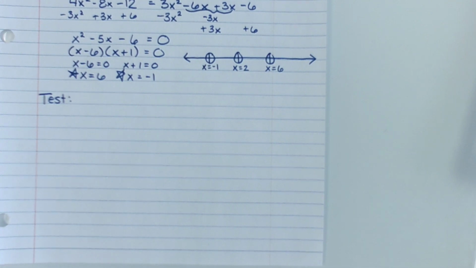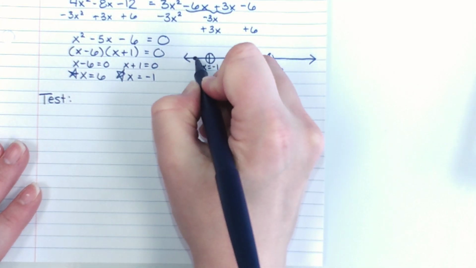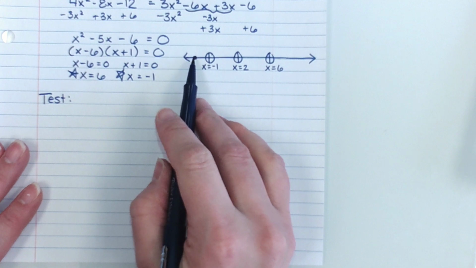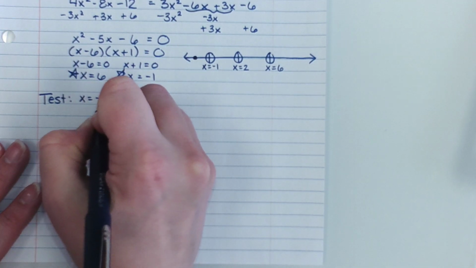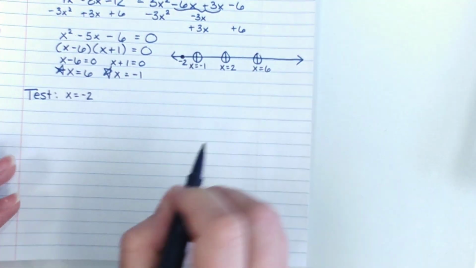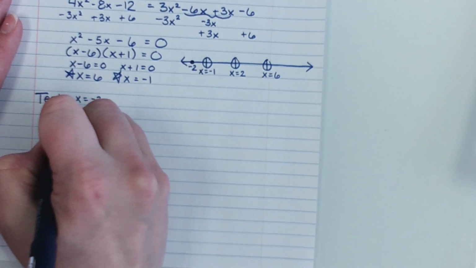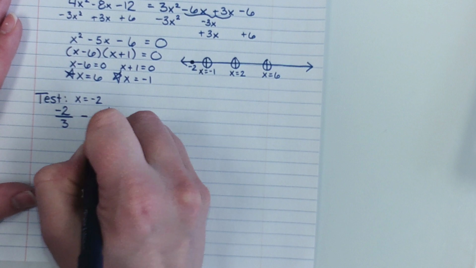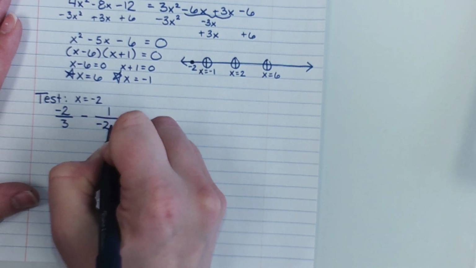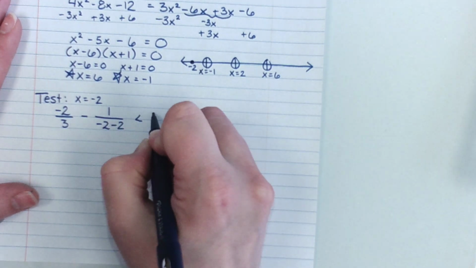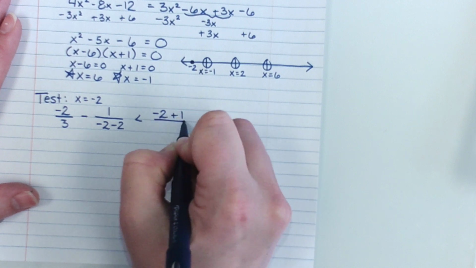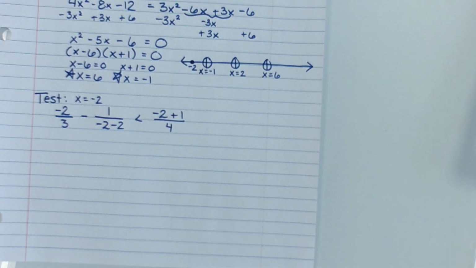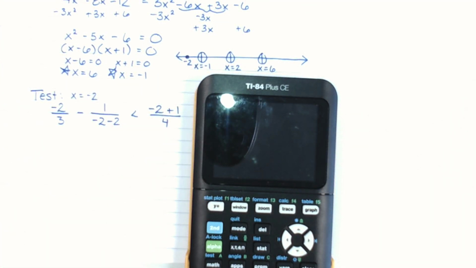What number should I test over here? -2. Sure. So I plug it into my original inequality: (-2) over 3 minus 1 over (-2) minus 2 is less than (-2) plus 1 over 4. This one's a little more complex than the last one, so I'd probably grab my calculator.